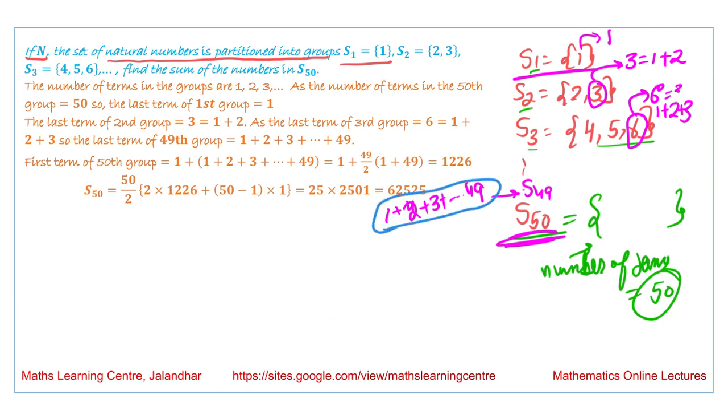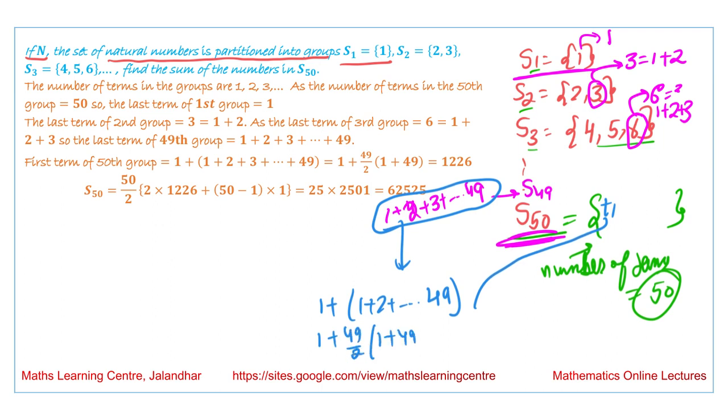So the first term over here will be 1 plus 2 plus so on up to 49. So this sum is equal to 49 by 2 into 1 plus 49, so the answer we obtain is 1225, and the first term is 1226.